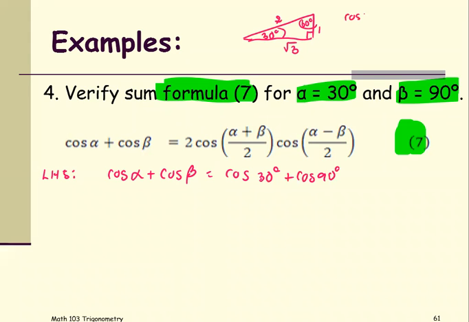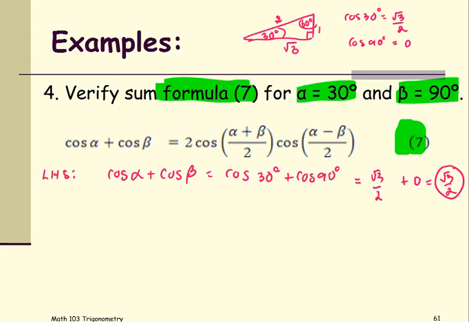The cosine of 30 degrees is adjacent over hypotenuse. The cosine of 90 degrees is 0. Next, we're going to replace the values in here. The cosine of 30 degrees is square root 3 over 2, and then plus 0. The result is square root 3 over 2, the value of the left-hand side expression.